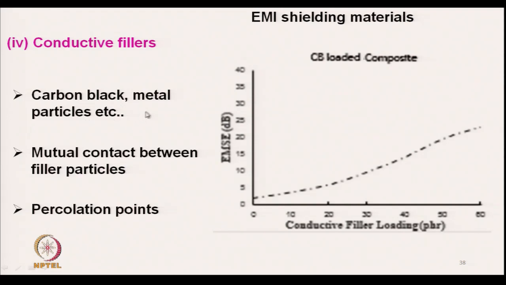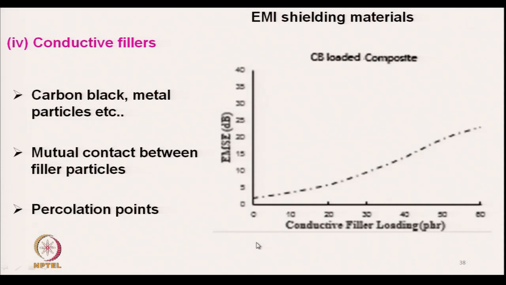So, like carbon black metal particles, if we can incorporate them in the polymers, we can make them conductive. So, the electromagnetic shielding effectiveness increases.